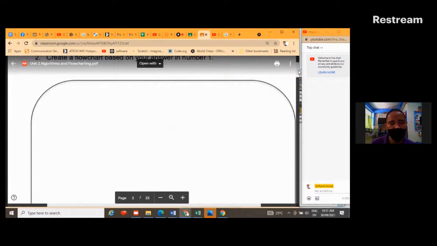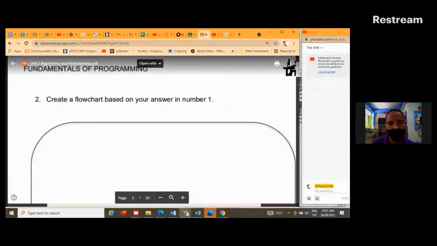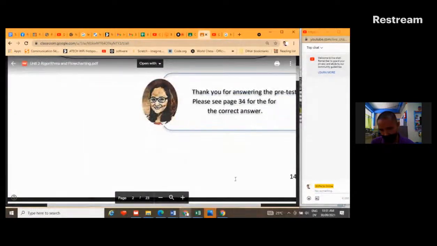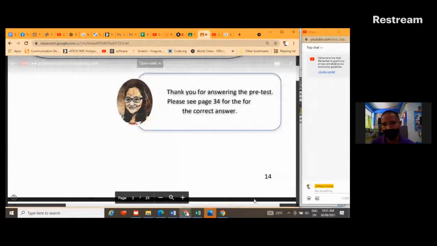And most likely, if you're not familiar with this, you can leave it blank. It's just okay. You may have no idea what a flowchart is. It's okay to make mistakes here when you're on the pretest because that is your knowledge in that particular topic. So thank you. You have to look at the answer on page 34 of your module.